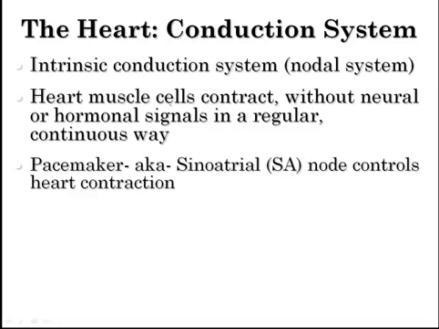So that's your heart conduction system. It's an intrinsic conduction system. This means that there is a set of nerves directly in the heart that are controlling it. If you need to change your heartbeat, then you have hormones and parts of your brain that will change your heartbeat, but for its regular beating, we have something called a pacemaker.